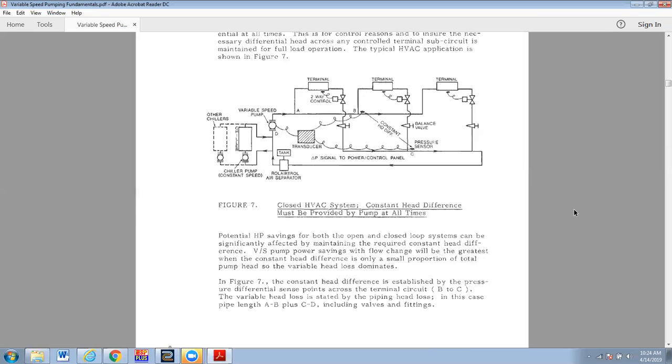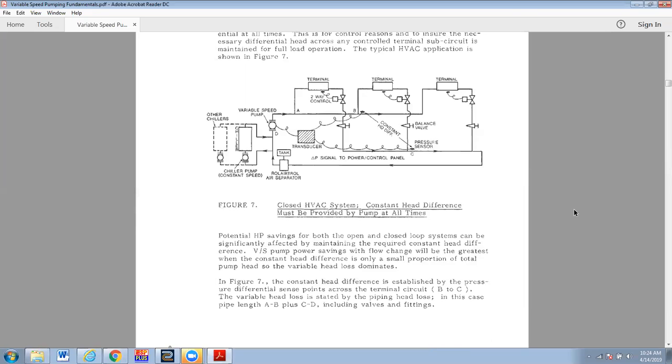Okay, so potential horsepower savings. Sometimes I think of HP as high pressure, but that's from the steam class, so that's horsepower savings. For both the open and closed systems, it can be significantly affected by maintaining the required constant differential head.